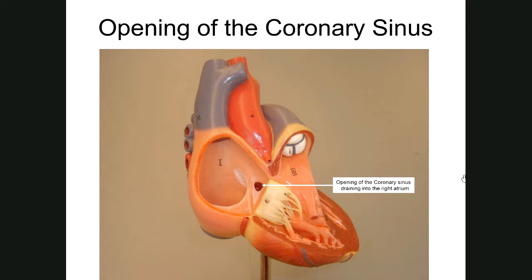Now cardiac output. Cardiac output is also called cardiac minute output. This is the amount of blood ejected from the left ventricle into the aorta per minute. Okay, that's why it's called cardiac minute output. Now it consists of the volume of blood pumped out of the left ventricle per contraction.